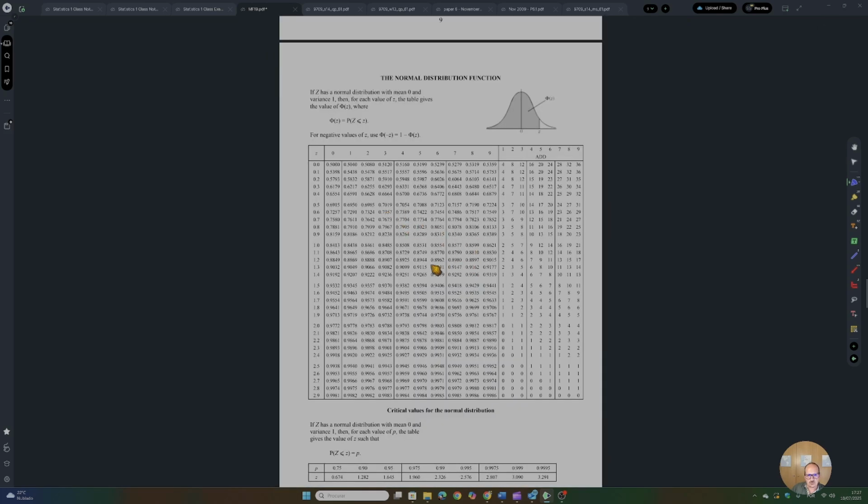Let's try to find it over here. 0.94 is over here. So this is 0.9394 at 6, and you have 0.94. So this corresponds to 1.555. Let's go there.